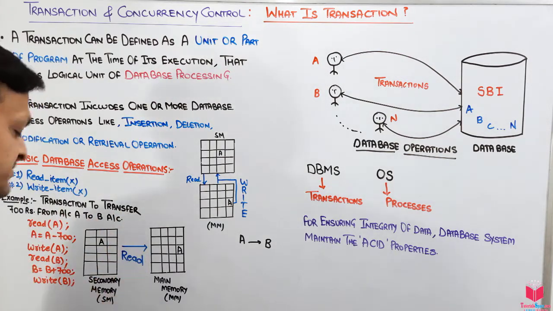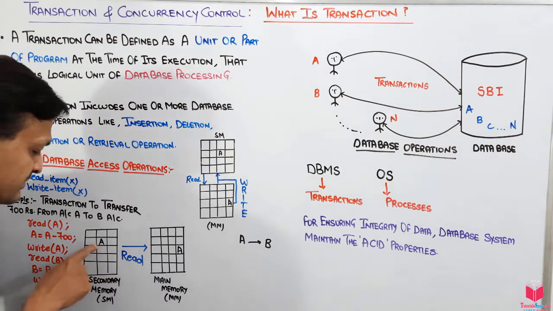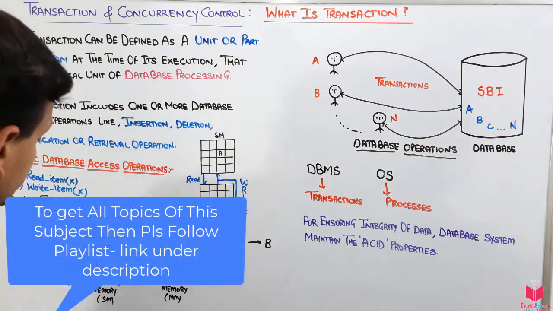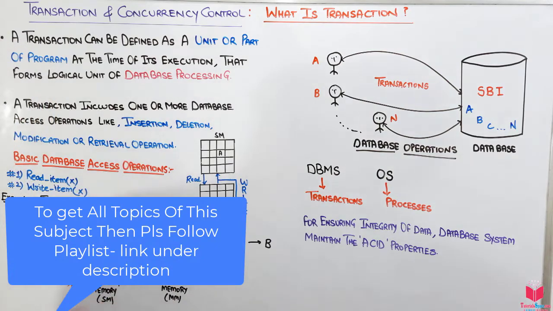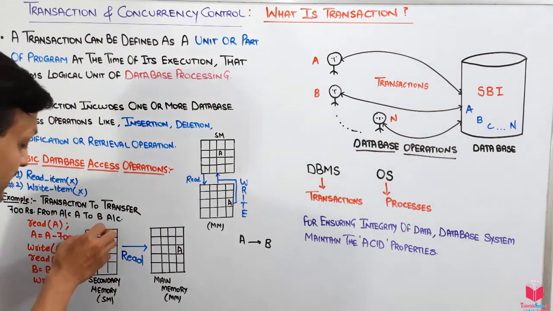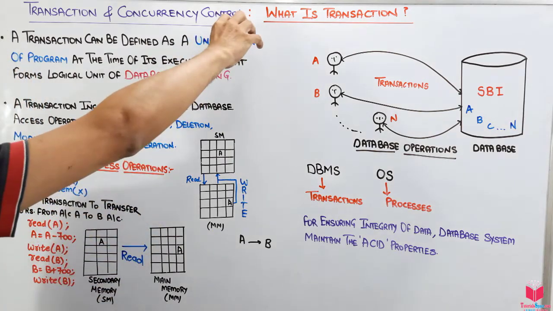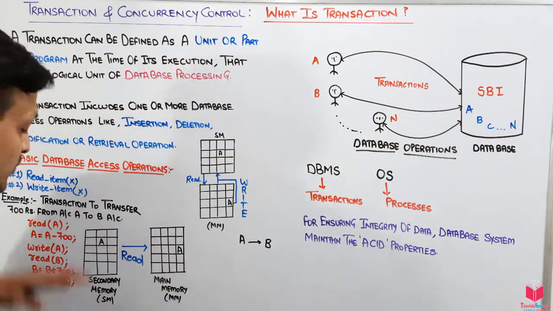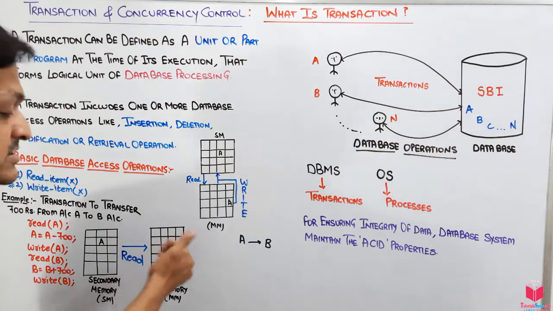Suppose this is a database which is stored in some secondary memory, and let's suppose this is the data item A, stored in this table, column, or these values. Then we read that data into main memory. That means we extract that data and transfer it to the main memory first, and then we start reading from there.